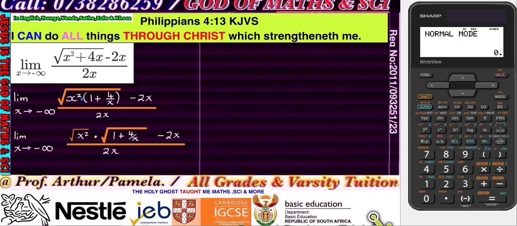Now, that square root of x squared, we know it should be either positive x or negative x. How do we decide? Because in the place of that, some people will write it as this. I would have written it as the absolute value of x.